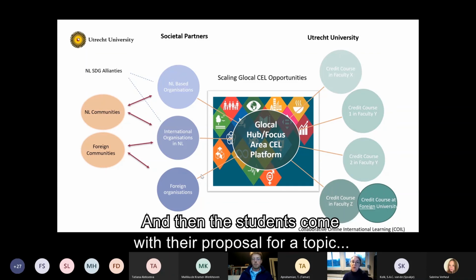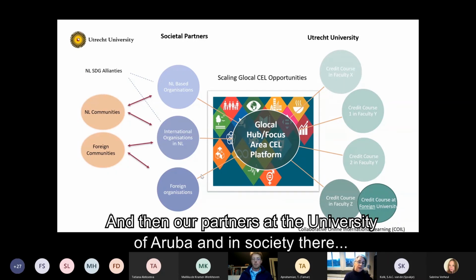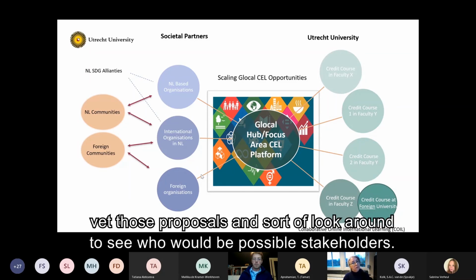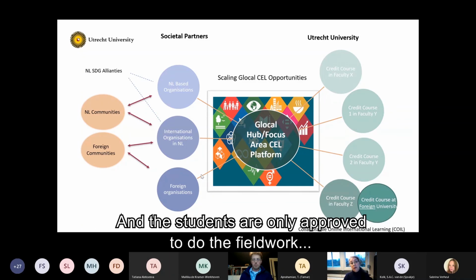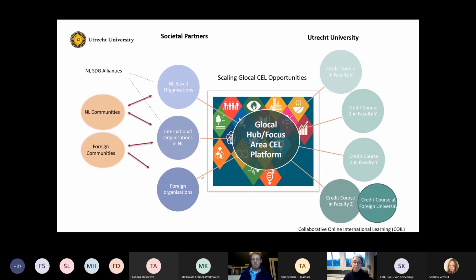Then the students come with a proposal for a topic that they would like to write about or work on in their field research project, and our partners at the University of Aruba and in society there vet those proposals and look around to see who would be possible stakeholders. The students are only approved to do the field work if we can see a clear path for community groups that they could work with.